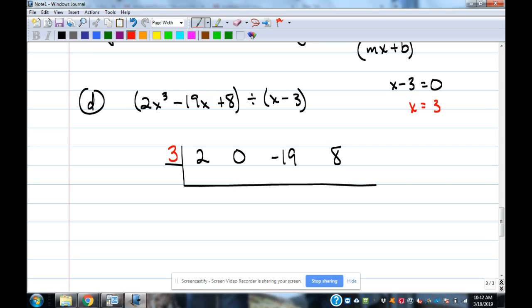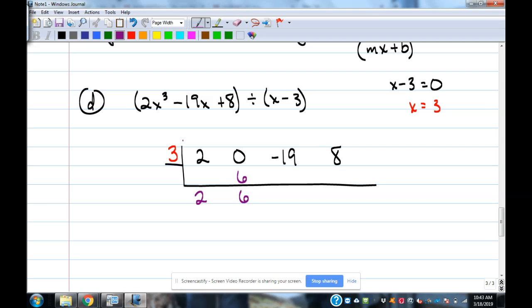The next steps are the workings of synthetic division, okay? The first step every time in synthetic division is drop the first number down to the bottom. Drop a 2. And then multiply. 2 times 3, 6. Then add. 0 plus 6 is 6.